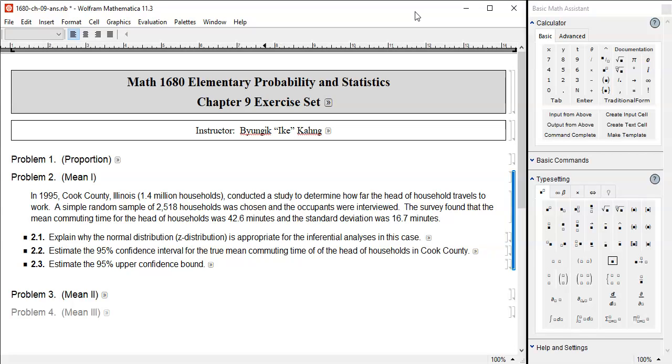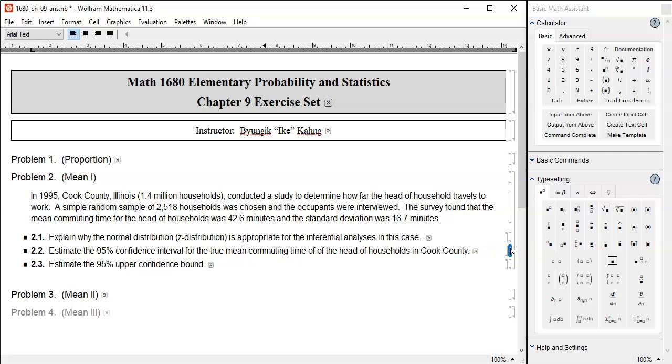Nowadays, computation is not much of a deal, so the threshold went up. We are using about 100, that's appropriate. About 30, that's too low, I don't like it. Up to 50, I will tolerate. Anyway, this is a z-table problem because 2,518 is way over 100 or any other threshold you can think of.